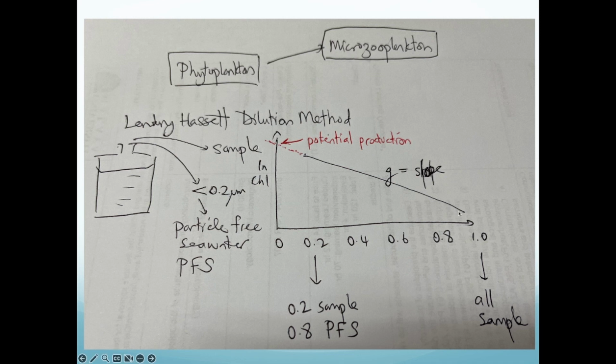So theoretically you should get a slope that's going up like this. Of course, this is impossible to obtain.